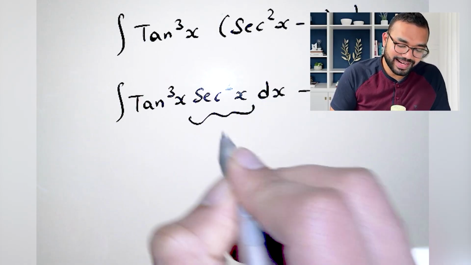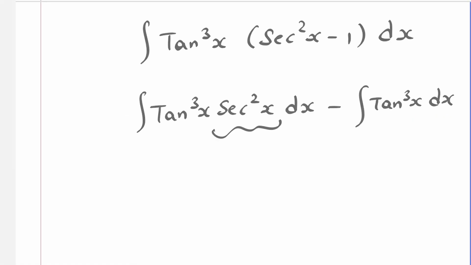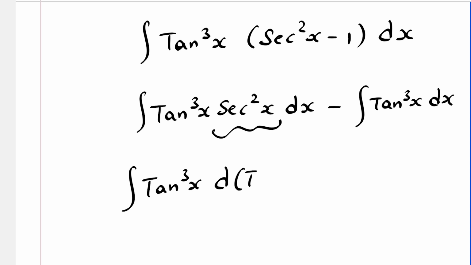But we know that the derivative of tan x is secant square x. So I can write secant square x dx as d of tan x. So integral tan cube x d of tan x minus integral tan cube x dx.